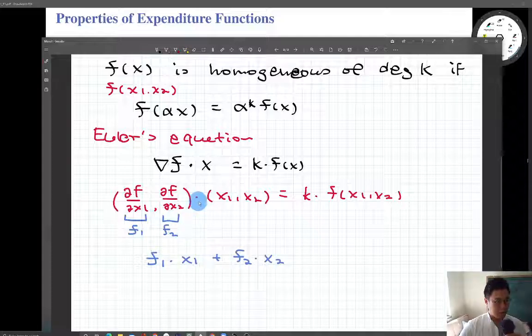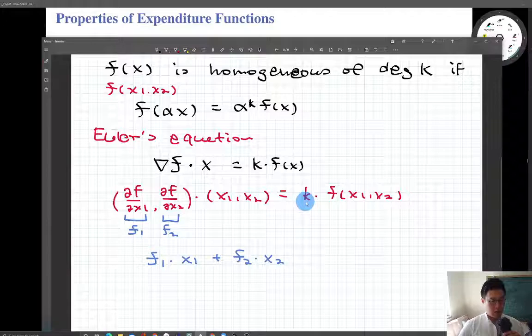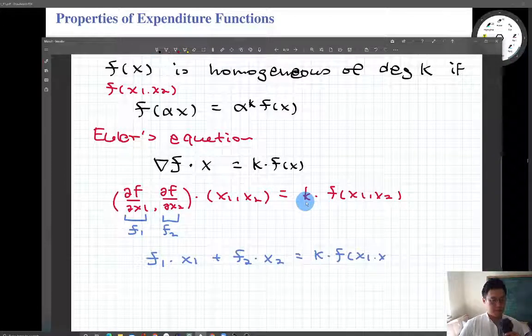Remember, the dot product between two vectors is the sum of the component-wise products. So we have this on the left, and on the right we have k times the original function. This is called Euler's equation.